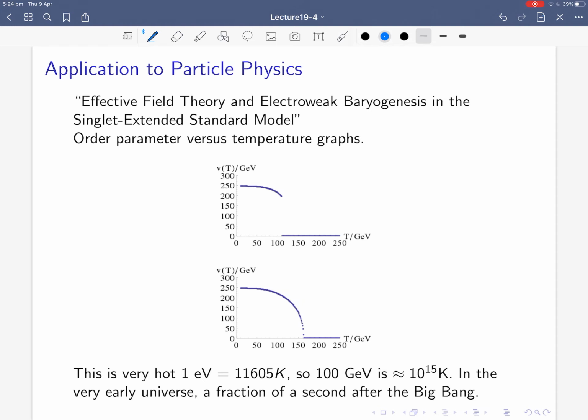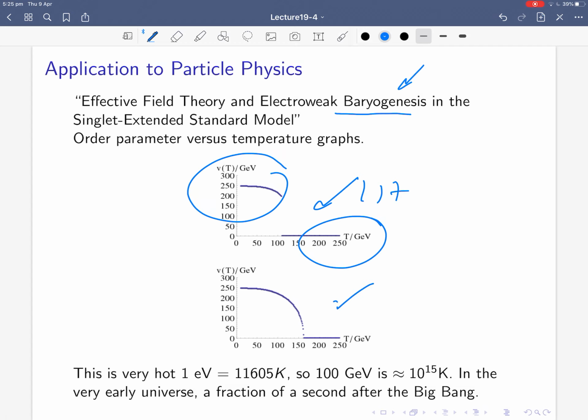Here's a paper on effective field theory and electroweak baryogenesis, that means formation of particles, in the singlet extended standard model. So we're going to form baryons in the very early universe. You can see here a plot of the energy of the particles formed versus temperature, and in this case they're getting both first order and second order transitions depending on what the parameters are in their model.